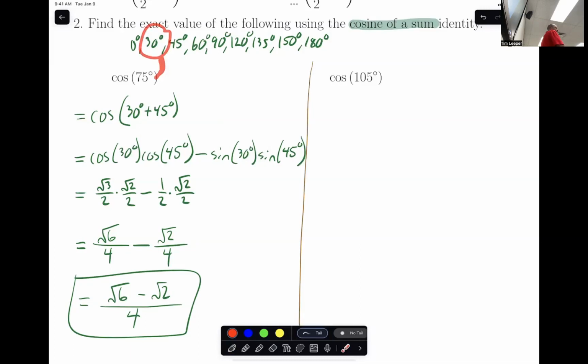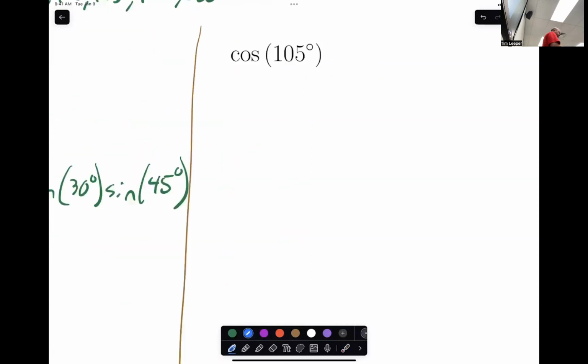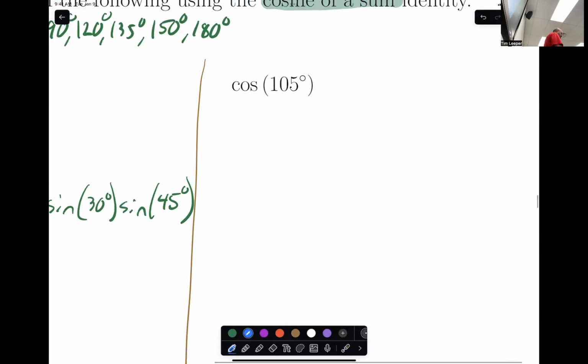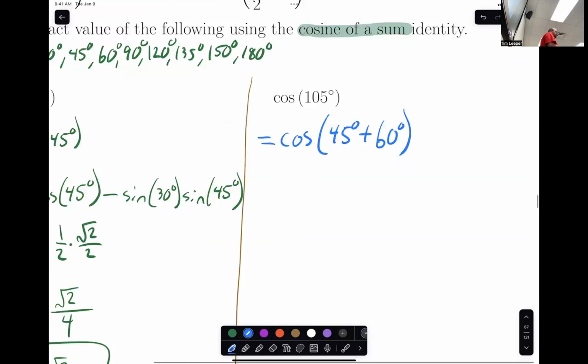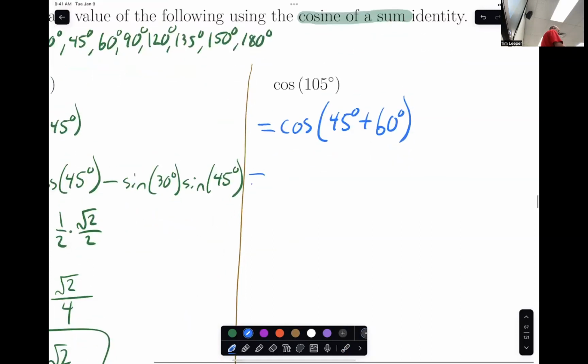But I'm not going to. I'm going to use the 45 and 60. So cosine of 105 degrees, not 150, is equal to the cosine of 45 degrees plus 60 degrees. I want you to use the cosine of a sum formula to go from there. See what you get. I dare you.